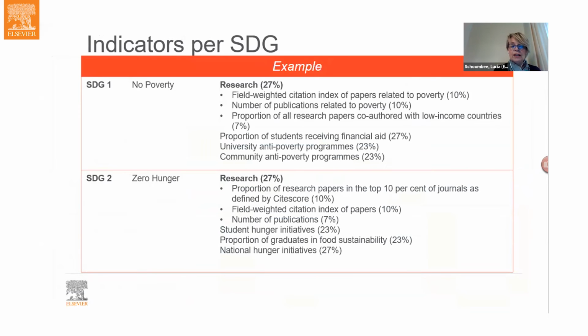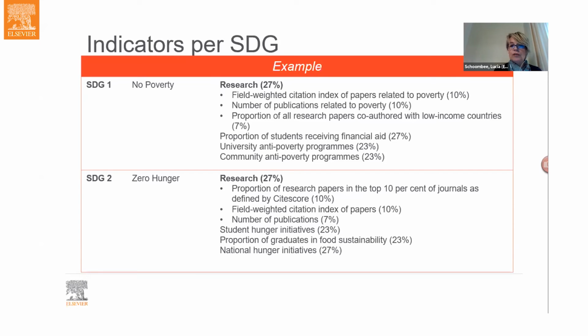What a total methodology looks like for a particular SDG is that the research component counts for 27%, with research indicators differing for each. For instance, in SDG 1, no poverty, research would take into consideration the field-weighted citation impact of papers related to poverty, the number of publications related to poverty, and the proportion of research papers co-authored with low-income countries.